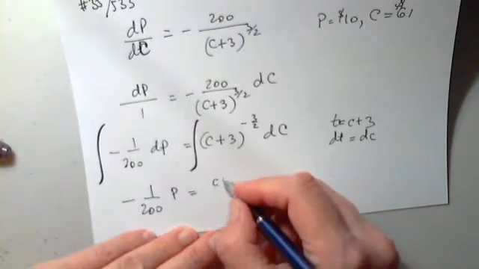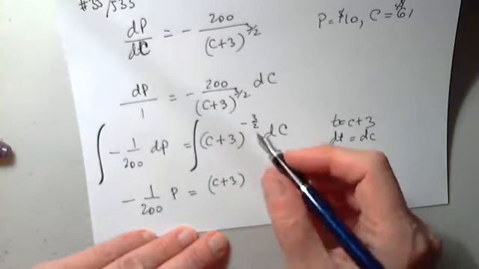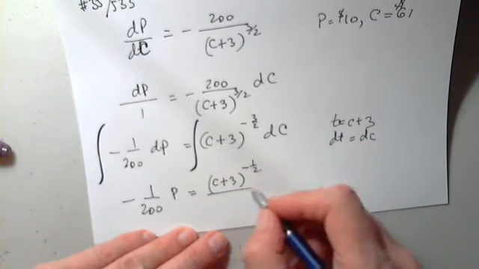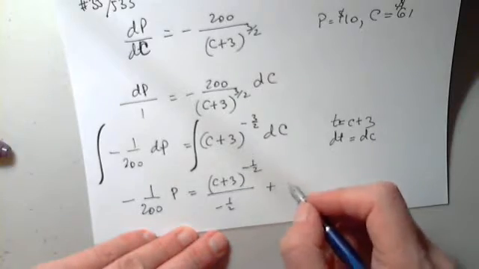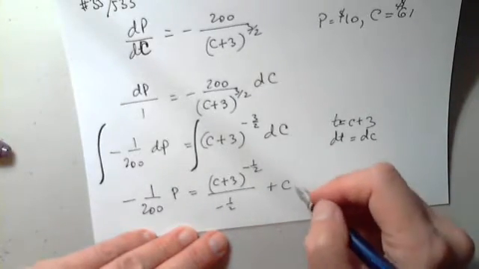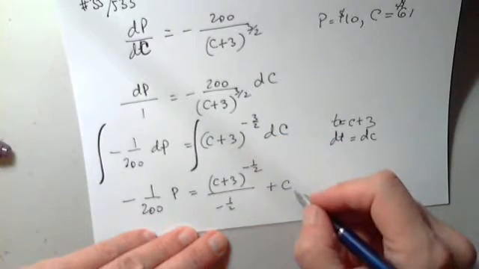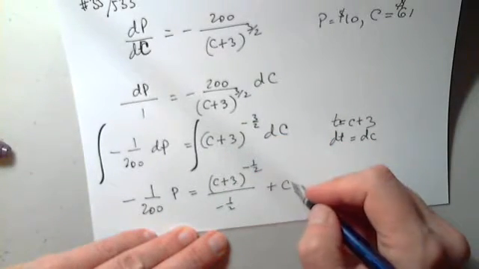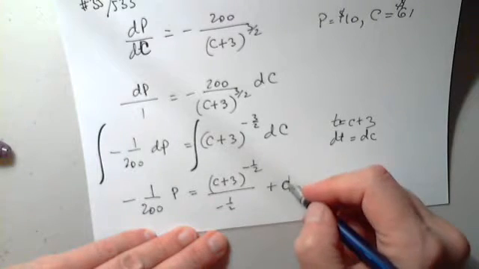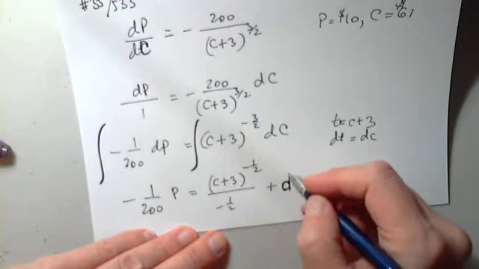So this is (C plus 3) to the negative 3 halves plus 1, which is negative 1 half, over negative 1 half, plus a constant. I'm going to call it D so it's not confused with this C, any other letter because we have C in the problem. So this is a constant.